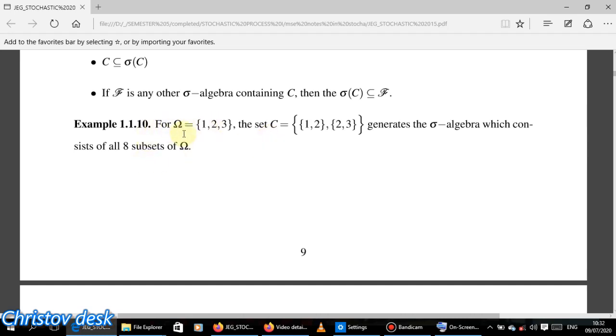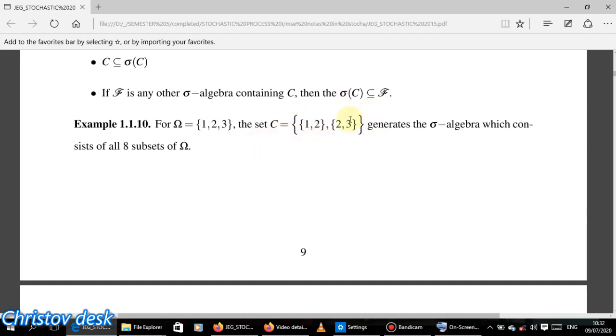As an example, the set C, which is this element, generates the sigma algebra which contains all eight subsets of omega.